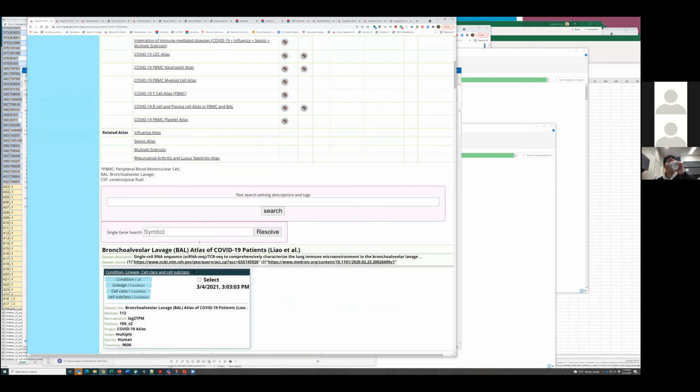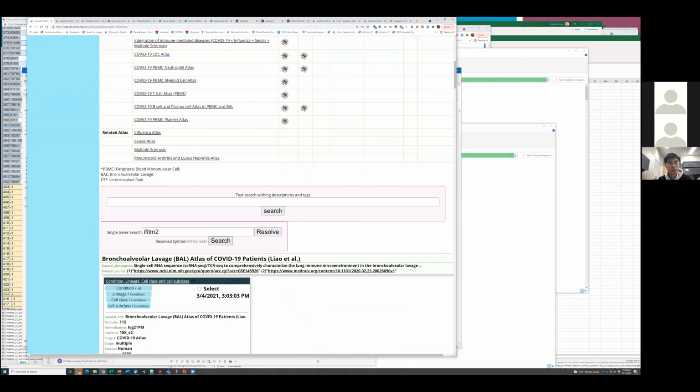And so you can now do a scan for some gene you're really interested in. King was talking about those inflammatory neutrophils. So let's say we look for one of the markers of that neutrophil 3, like IFITM2.